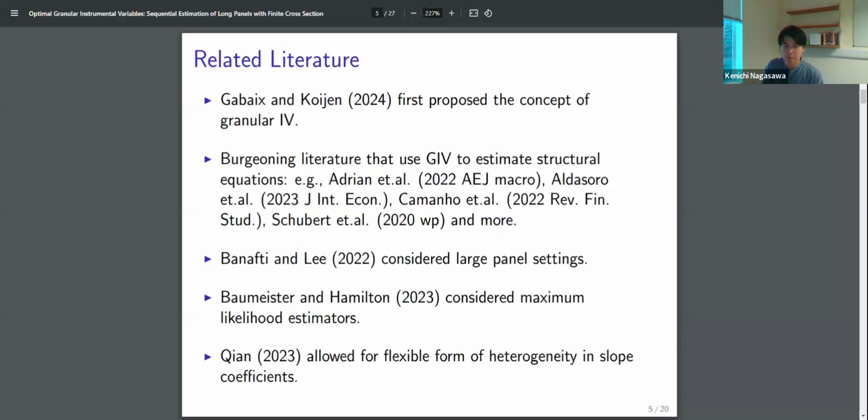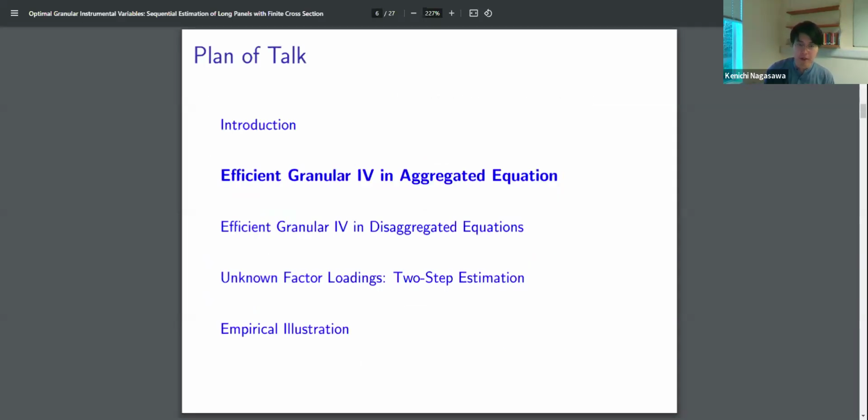Baumeister and Hamilton consider maximum likelihood estimators to get an efficient estimator, because these estimates tend to be quite noisy, so they exploit additional structure to get efficient estimators. And Kian considers an extension of the granular IV framework that allows for flexible heterogeneity in slope coefficients. We add to this literature by developing further econometric theory of granular IV.